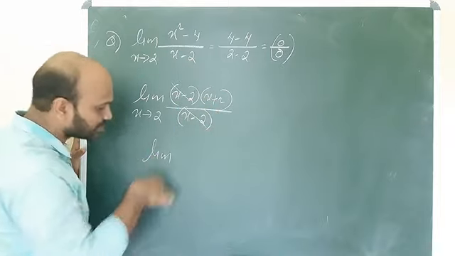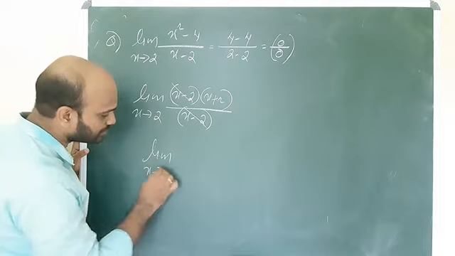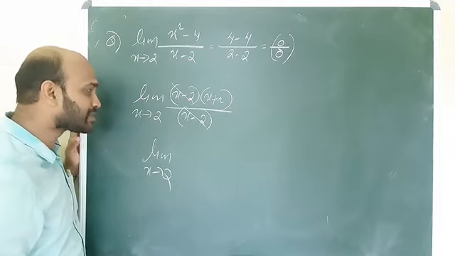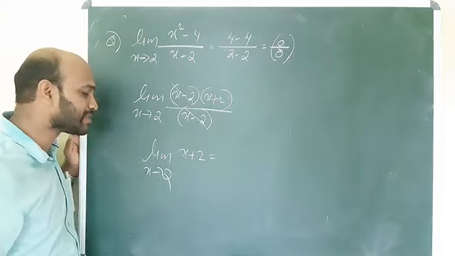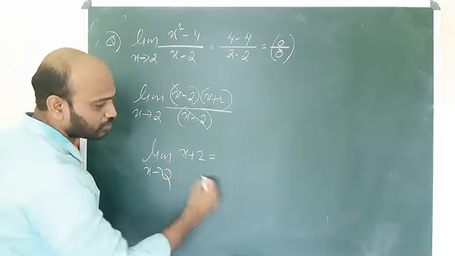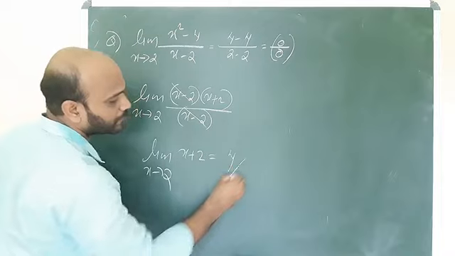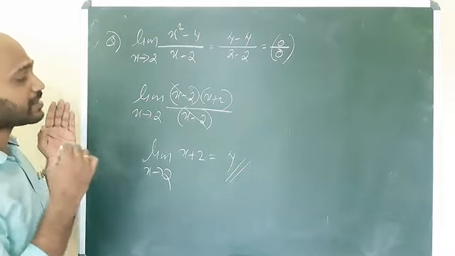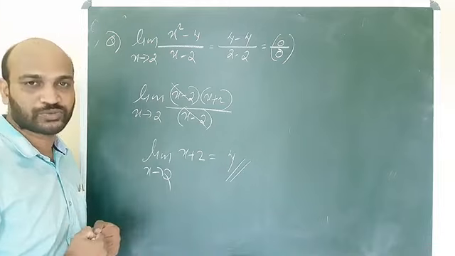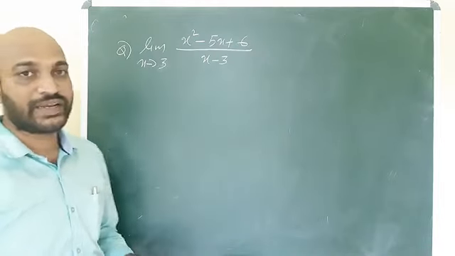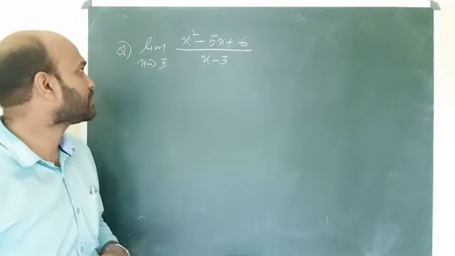So this question changes to limit x tends to 2 of x plus 2. Now we can find this value very easily. Just substitute x equal to 2. We'll get 2 plus 2, 4. So this function converts to 4 when x takes values very near to 2. That is the answer. Okay. Let us do one more question of the same type.